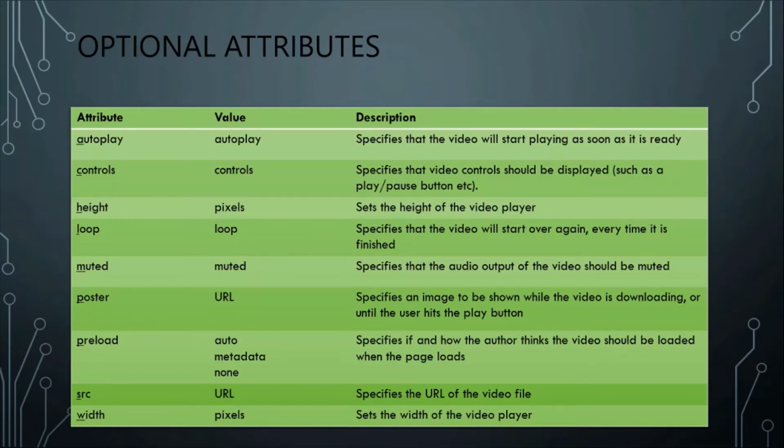The next one is preload. In it we put auto, metadata or none. You don't need to focus much on it, but you need to remember that it specifies if and how the author thinks the video should be loaded when the page loads.